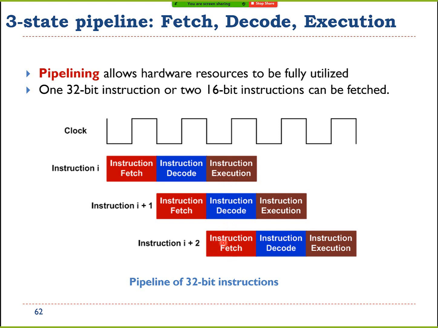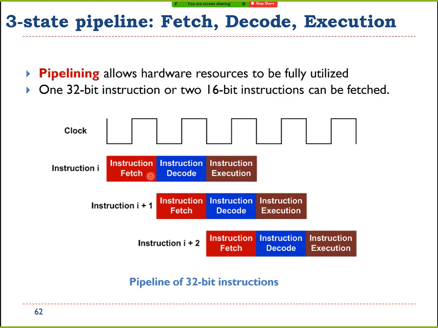All of these are done by separate circuits, right? So you don't have to wait until one is finishing, and you can do 3 of them at the same time. Any questions here? Process these 3, right? Fetch, decode, and execution.